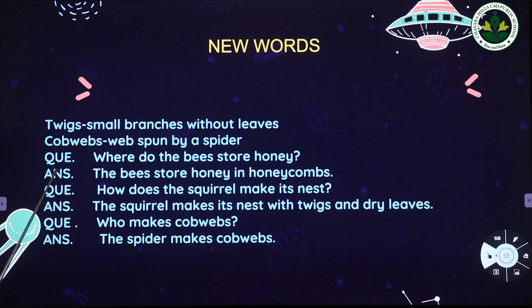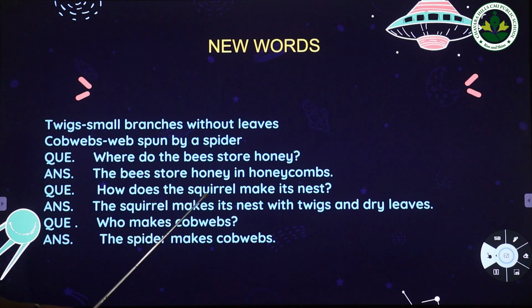Question number 1. Where do the bees store honey? The bees store honey in the honeycombs. Next question.